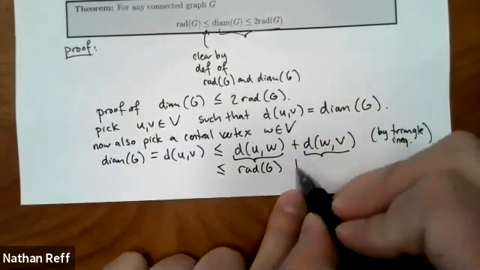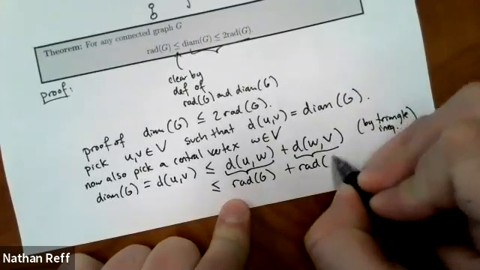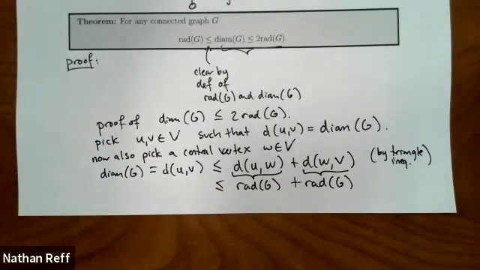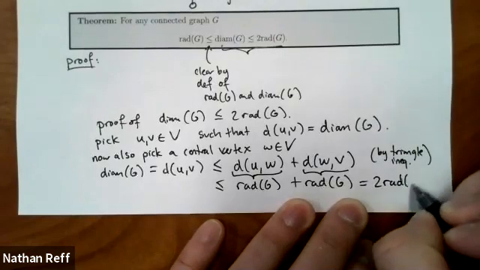And I also know this one is less than or equal to the radius because W is a central vertex. Okay. And what does that tell you? Yeah, this is 2 times the radius, right?